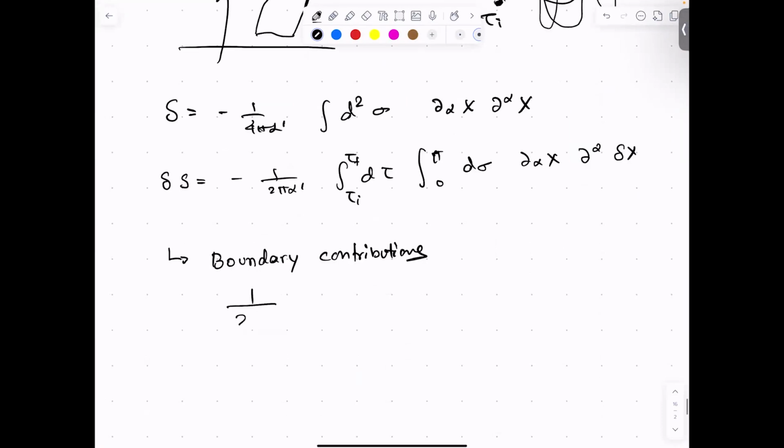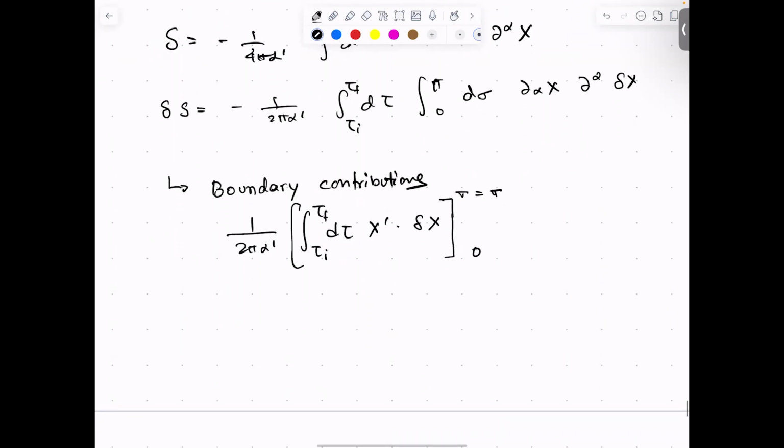So what happens is that I can impose the following. The integral from tau i to tau f of d tau, x prime dx, evaluated at sigma equal to pi and 0. This term does not generically vanish, right?